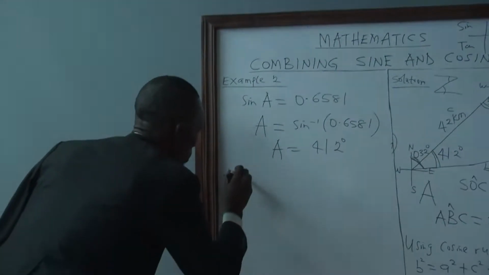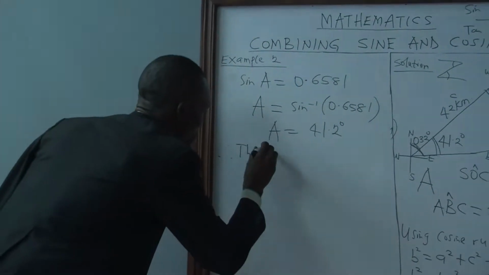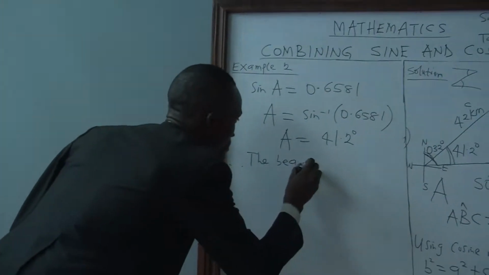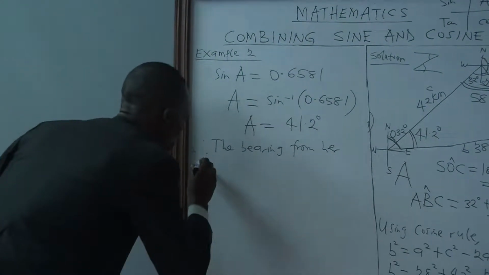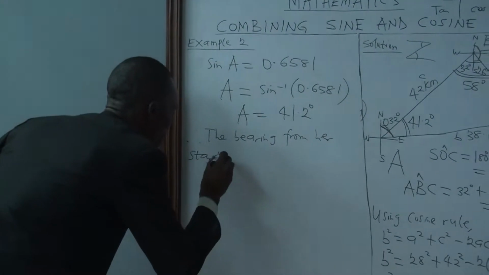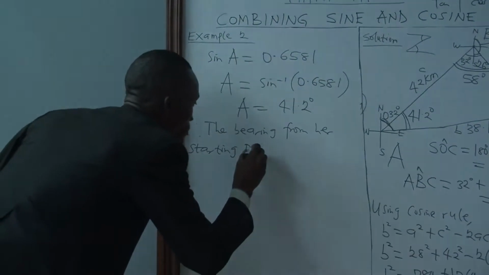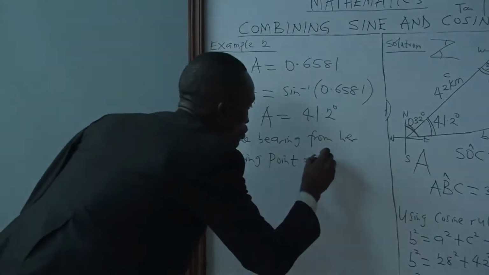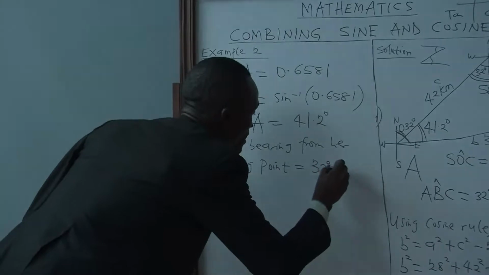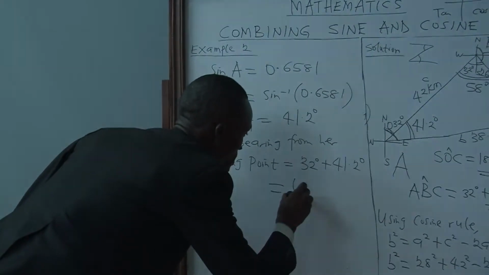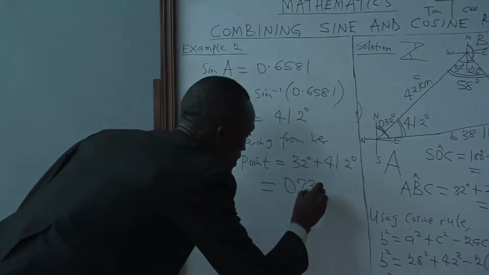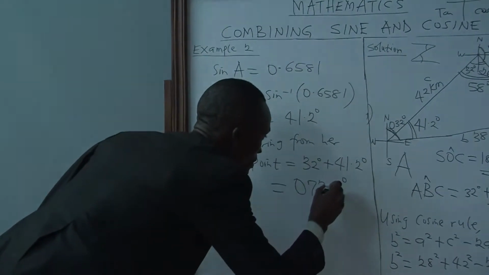So we have therefore the bearing from our starting point is equal to 32 degrees plus 41.2 degrees, which is 073.2 degrees.